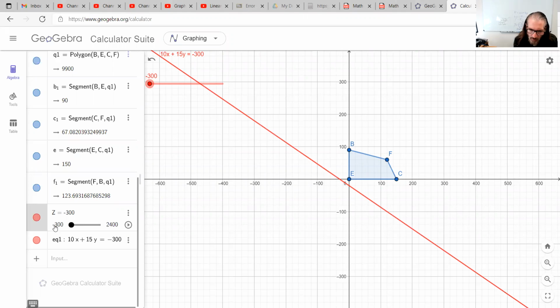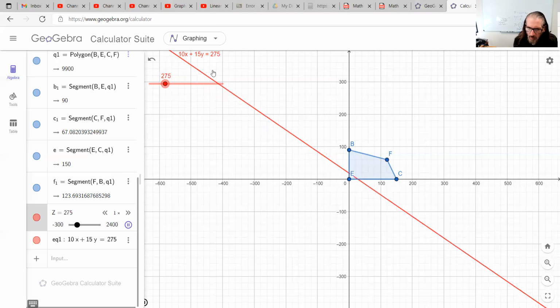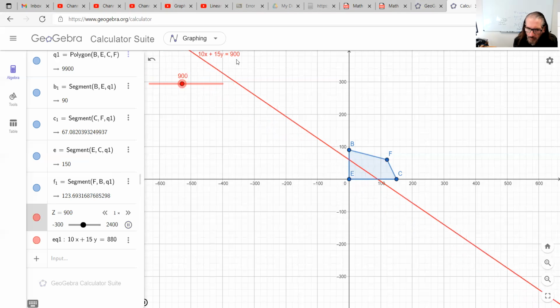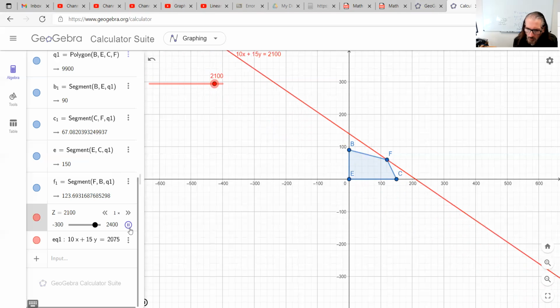We need to find something where it's crossing the feasible region and where it's the largest. So it's getting bigger up here. Oops, off the feasible region. Somewhere around there.